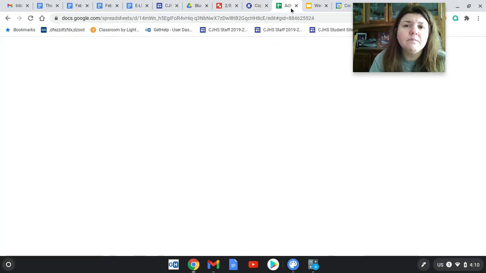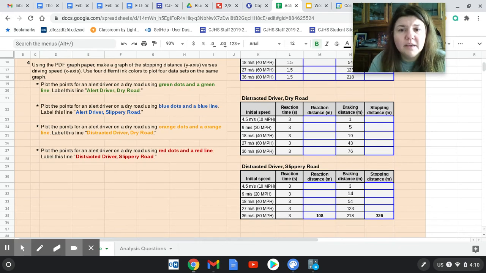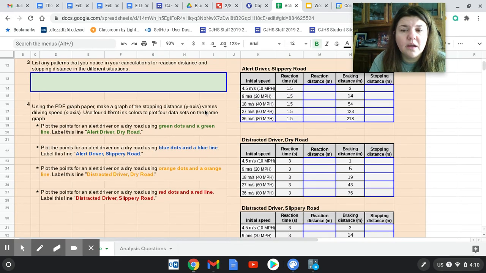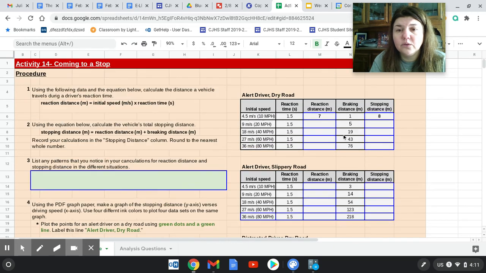Okay. The final thing is that you then are ready to plot your points. You are going to end up having 4 different lines on this single graph. You're going to plot the points for the alert driver on a dry road in green, and that data will be in this first data table here.